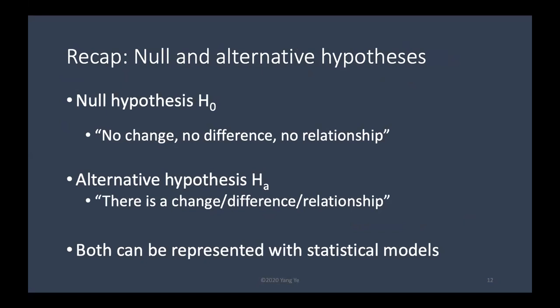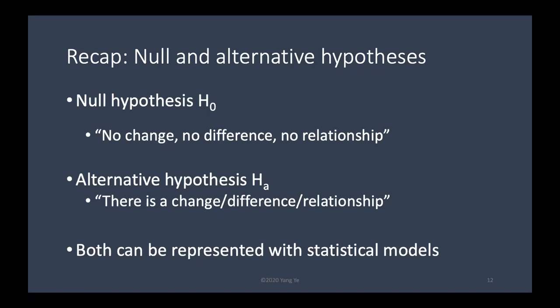And HA, the alternative hypothesis, says that there is a change, a difference, or a relationship. These two represent two completely different conditions. Either one of them is true. So the null hypothesis can either be true or false, but it cannot be true and false at the same time.